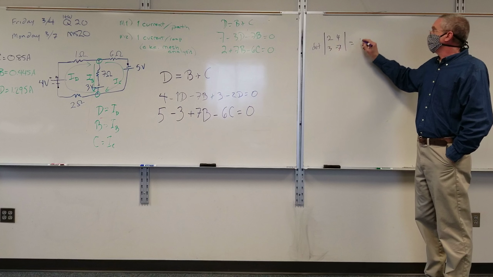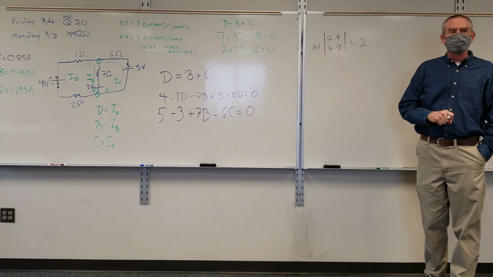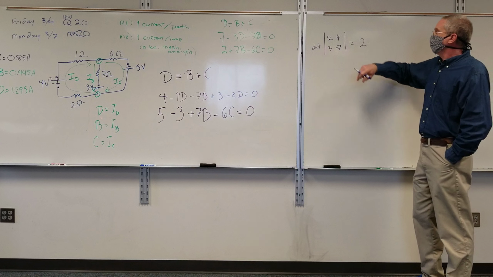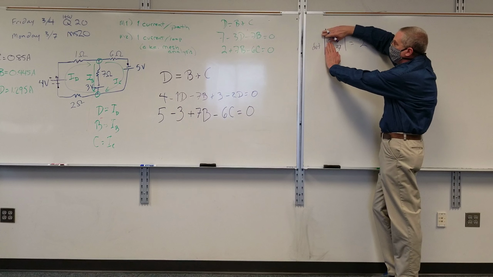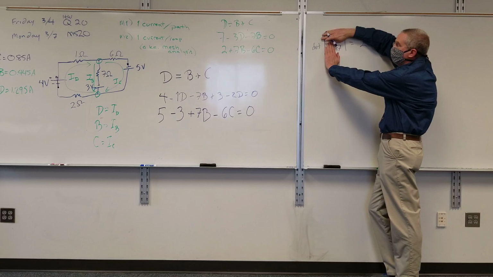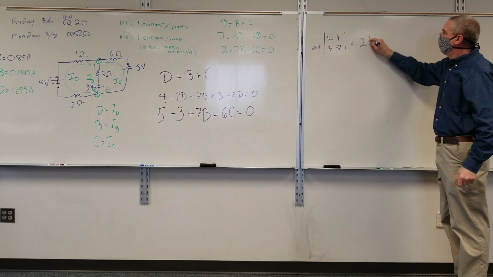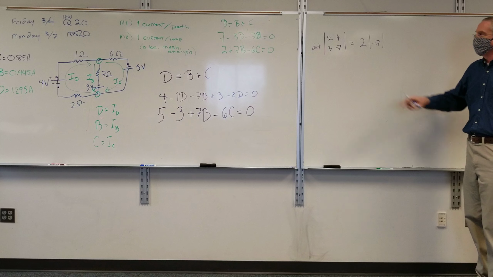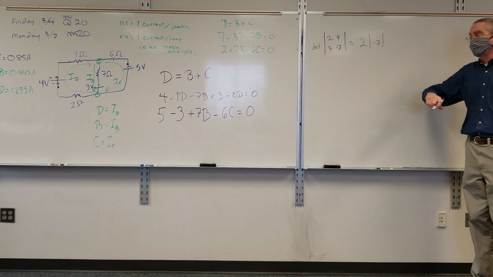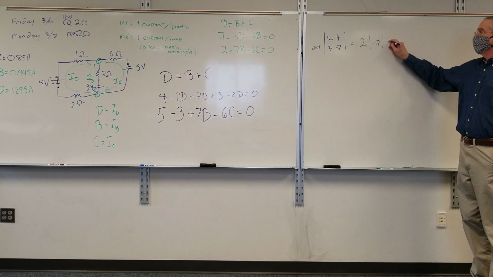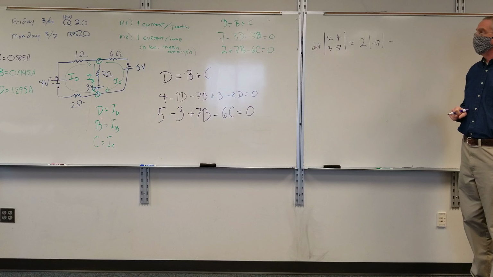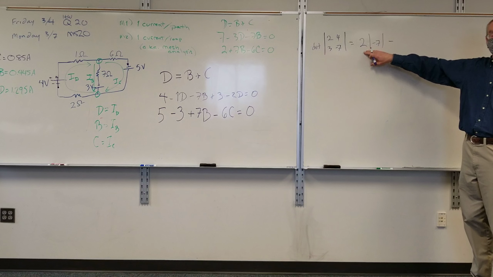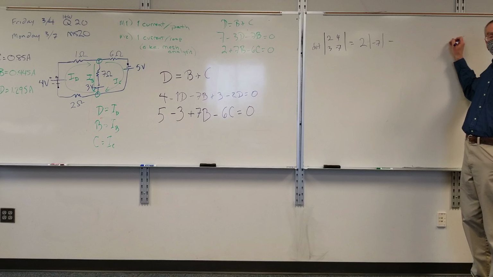So I start in the upper left-hand corner and I write that number down. I now block out the rows and columns that that number was in, and I find the determinant of what I'm left with. This is not absolute value, by the way, it's determinant. And then minus, because the signs go positive, then negative, then positive, then negative.